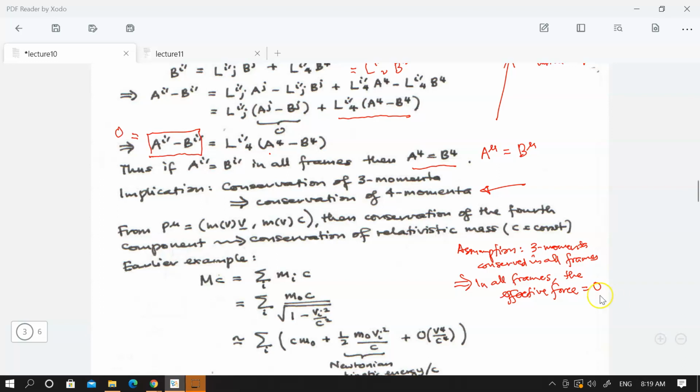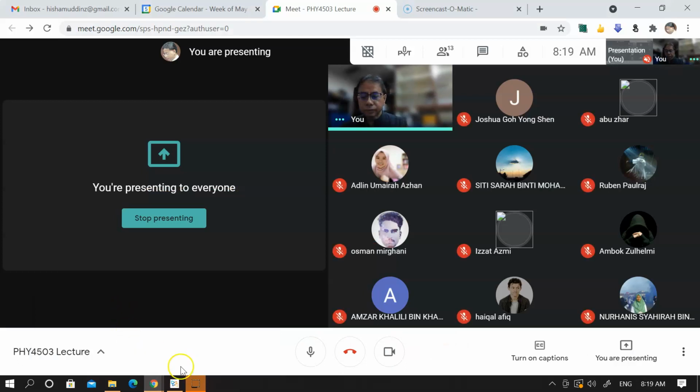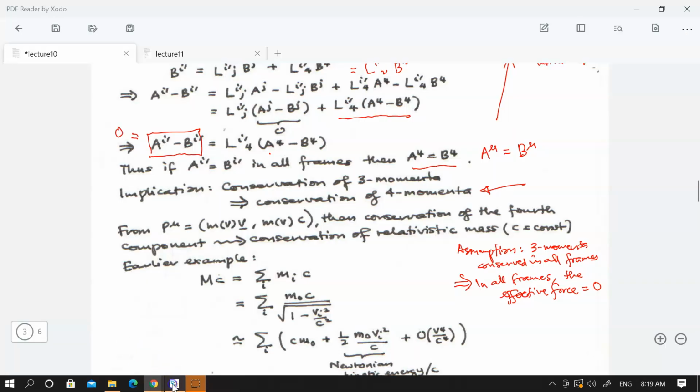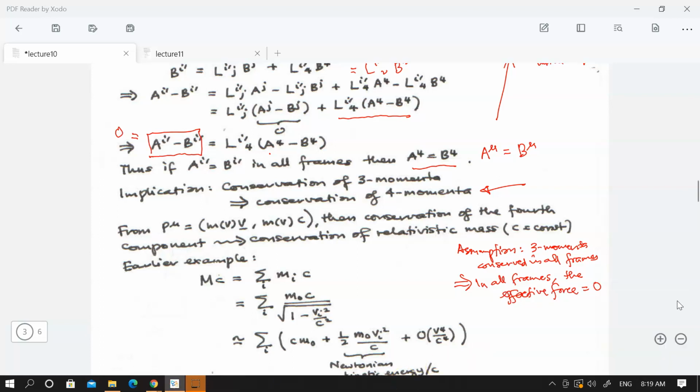So if we think what this is going to be, if this conservation of the four momenta is true, then that would tell us this component of your four momenta will be true in terms of the conservation law.